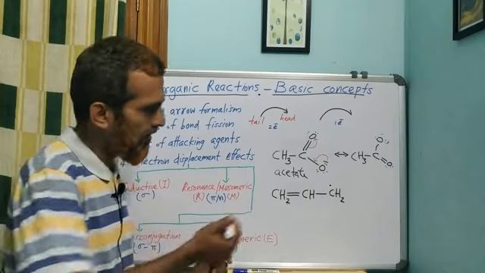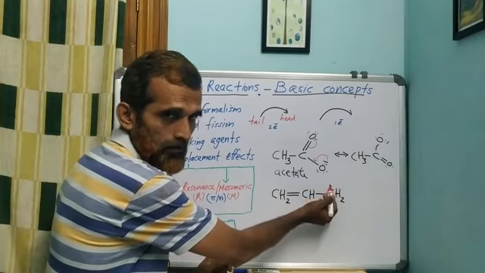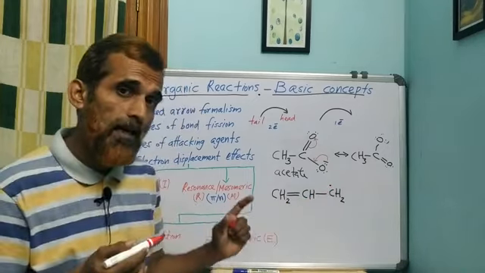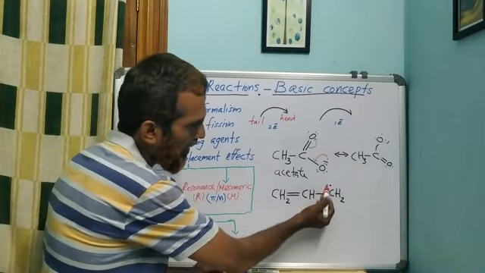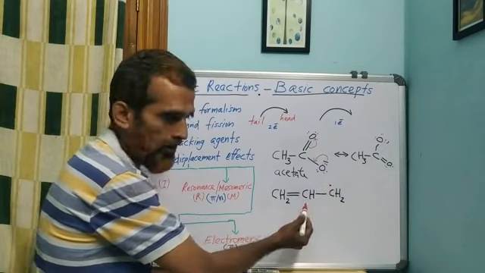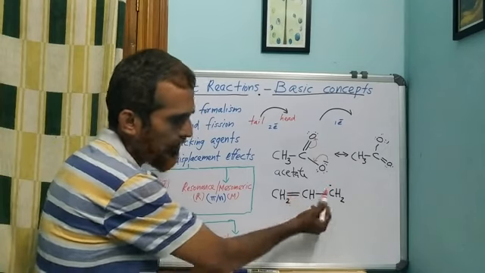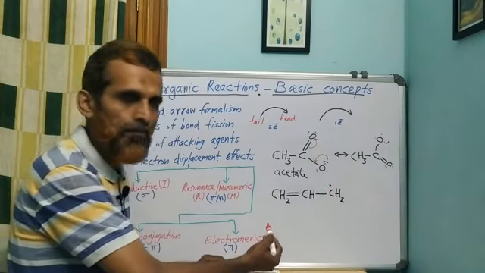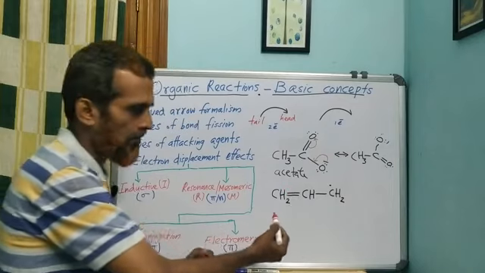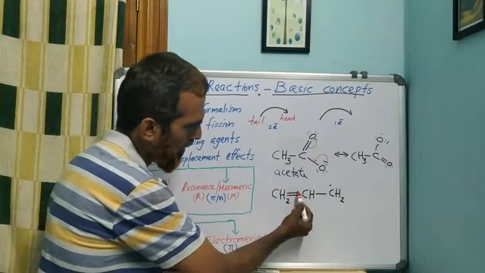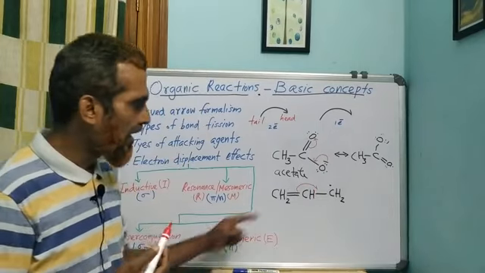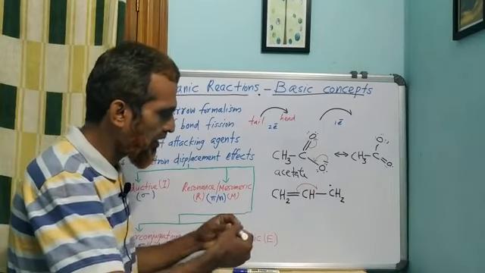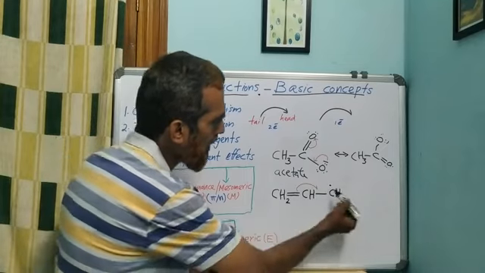In this example, this is a single-electron species, a free radical, or simply radical. Here, one electron in this bond is involved in resonance. This electron is one electron, so we have a half-headed arrow. This electron goes to form a double bond.